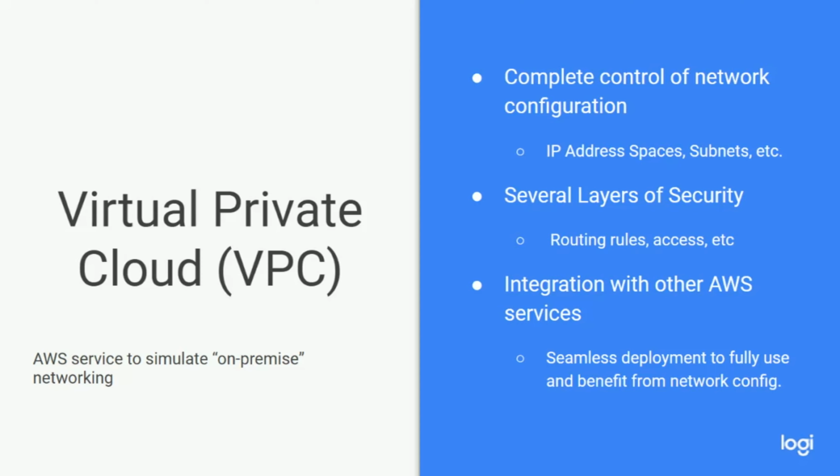It gives you multiple layers of security, such as routing rules and access rules. And the nice thing is that once you have your VPC up and running, you can integrate other AWS services in quite a seamless way, and they can leverage the configuration that you set up.